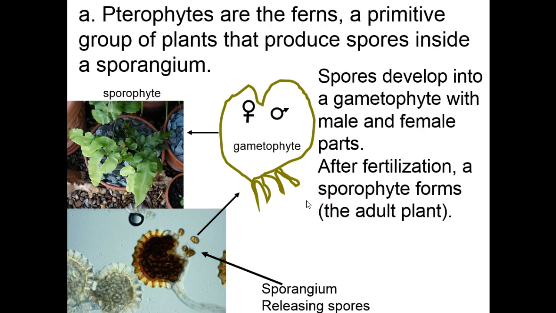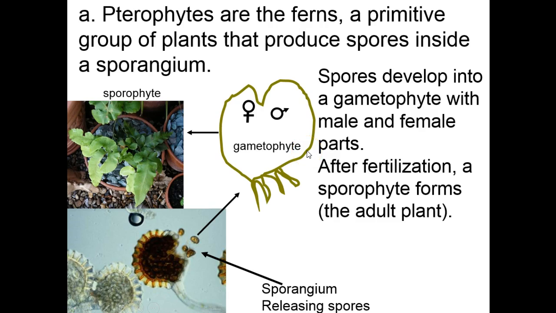Pterophytes, kind of a weird word. Ptero meaning hand or finger. Phyte means plant. These are primitive rooted plants. We think of the ferns. They produce a sporangium. You don't usually see these things. They're very small. But this gametophyte, it's a gamete. That's a plant.